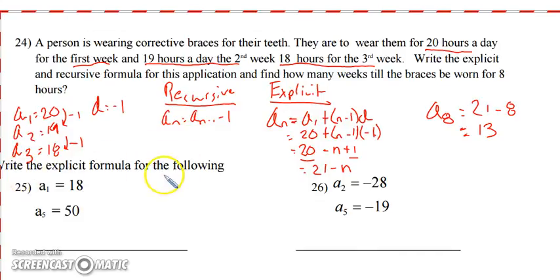Write the explicit formula for the following. Now, to do the explicit formula, looking here, we have to find d, but here we don't have d. All we have is the first term and the fifth term.